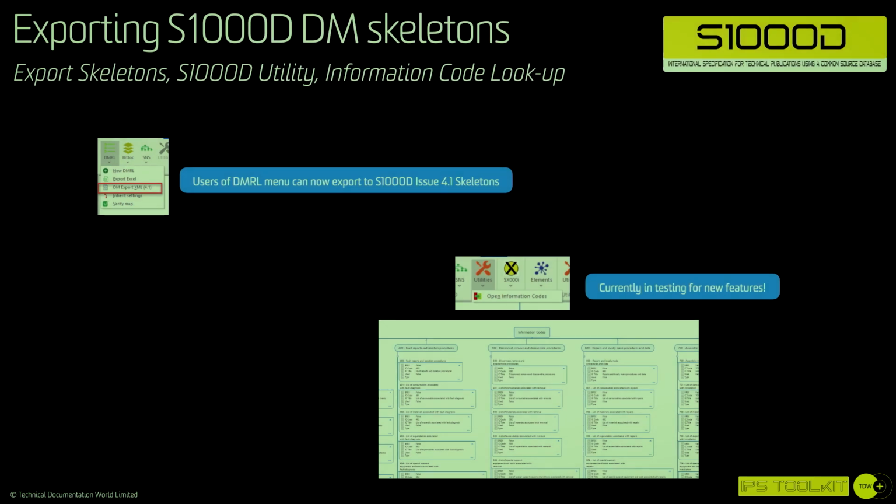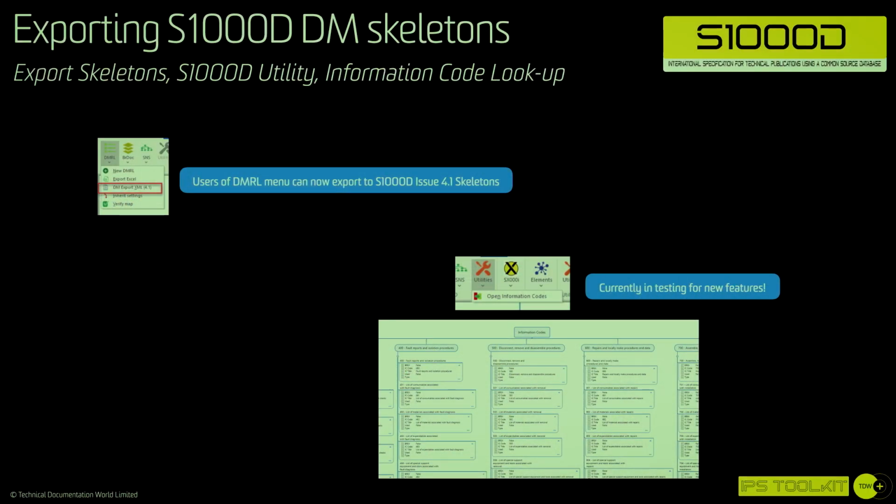And so what that means is that we have the ability to create those documents for our project. We know that there's two different ways that you can create a DMRL inside the IPS Toolkit. And in 2.2, we only included the ability to export XML skeletons, data module skeletons, from one location. We've now included it at the second location.